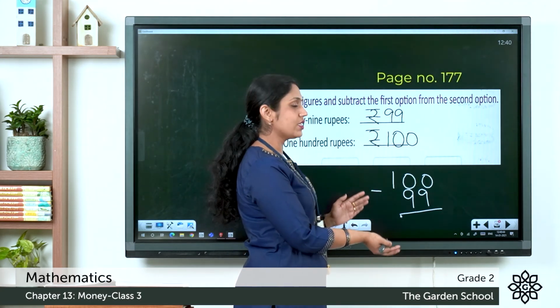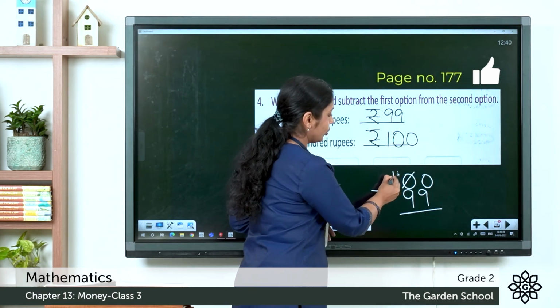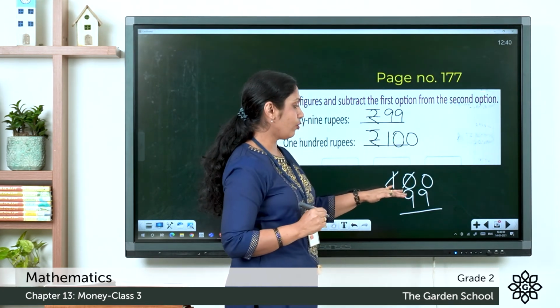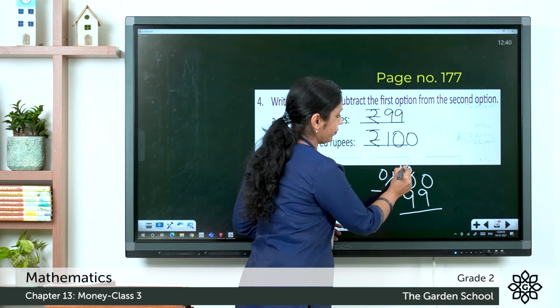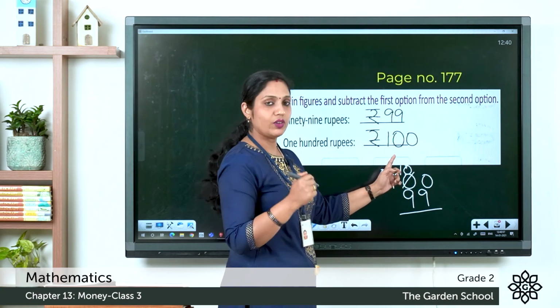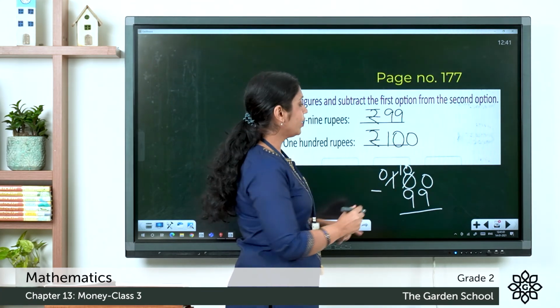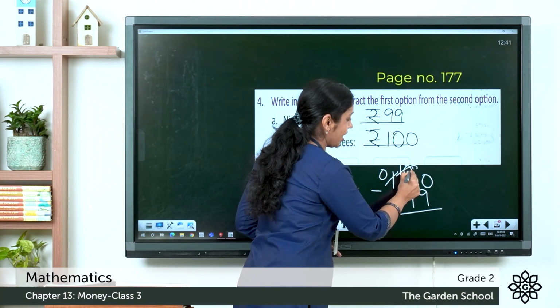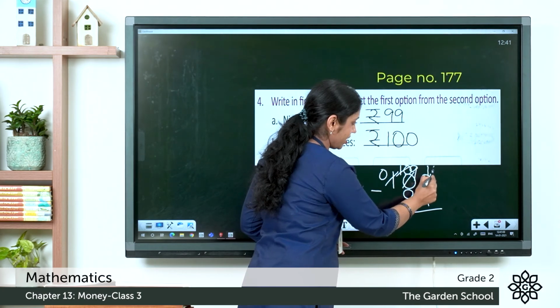So what we have to do is we have to go to the hundreds place. So when we go to the hundreds place, from 1 when we borrow, here it becomes 0 and here it becomes 10. Now from this 10, we'll be able to borrow. So when we borrow to the ones place, here it becomes 9 and in the ones place, it becomes 10.